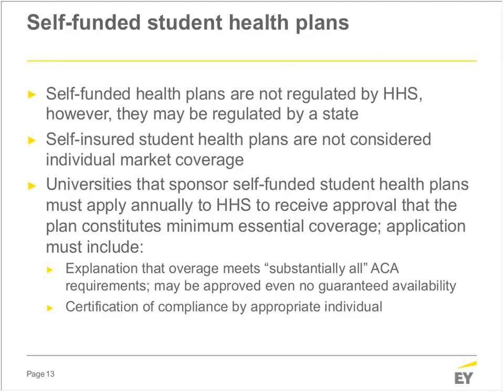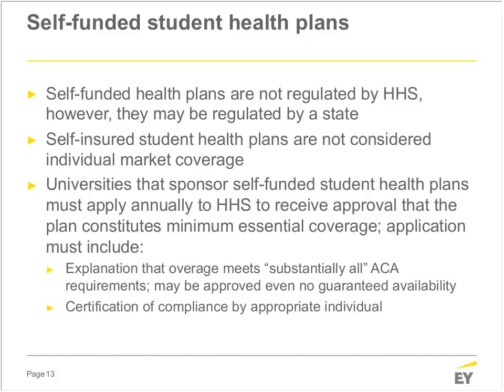Self-insured student health plans are not considered individual market coverage, but they're also not necessarily group market coverage unless the individuals to whom the coverage is being offered are being treated as employees. So if the students in the self-funded plan are not being treated as employees, it may not be a group health plan. There are some state laws that have very specific rules for self-funded plans, but in the absence of those, these self-funded plans continue to be in a very gray area.